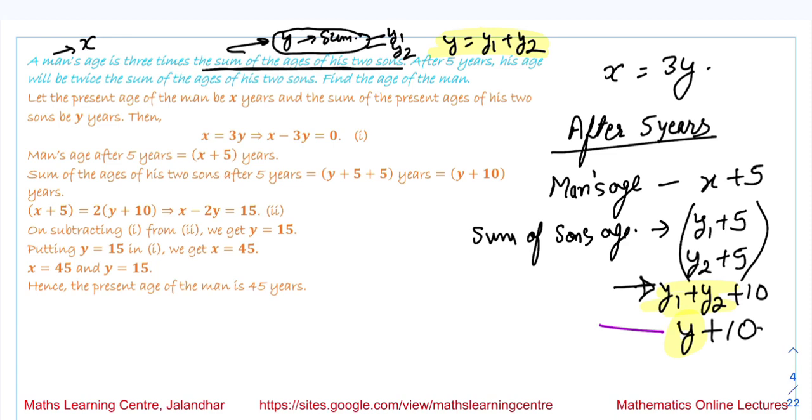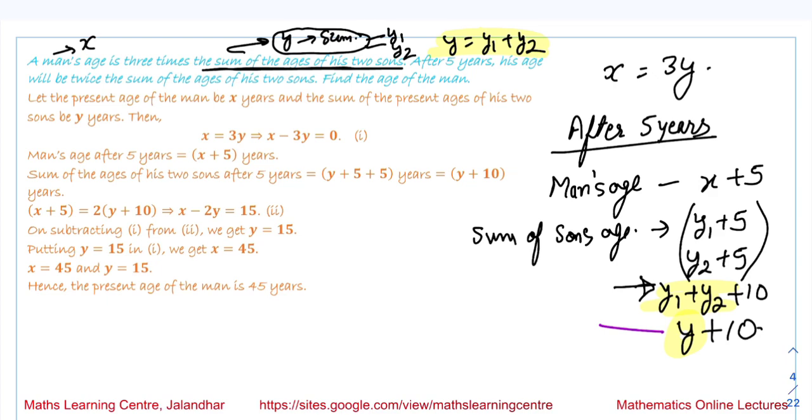After 5 years, the man's age will be X plus 5 years, and his age will be twice the sum of the ages of his 2 sons.